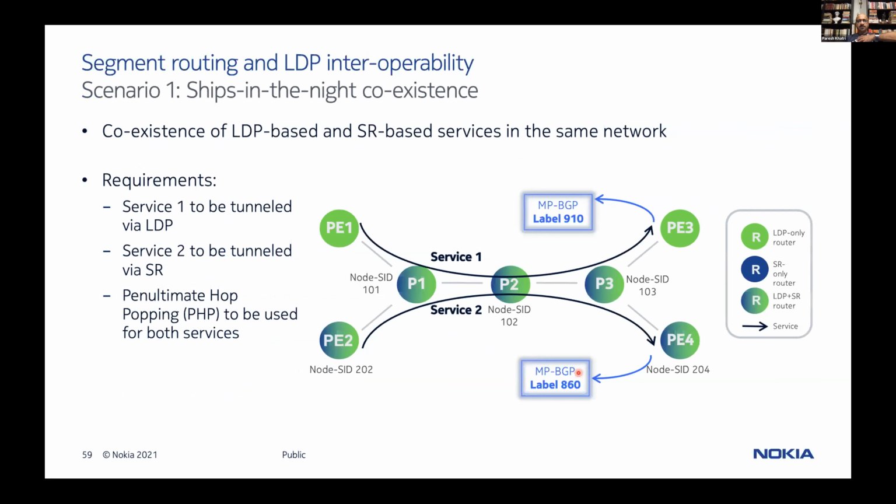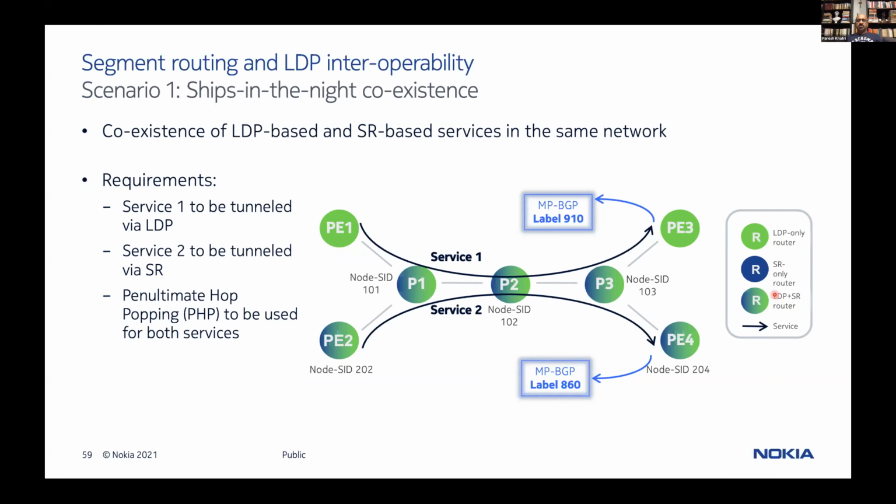So ships in the night, coexistence. I'll go through this really quickly. In this network, the nodes that are pure green are LDP only. The nodes that are blue, of which there are none, are SR only. I assume that there will not be any segment routing node anywhere that does not support LDP, since LDP is a basic thing.